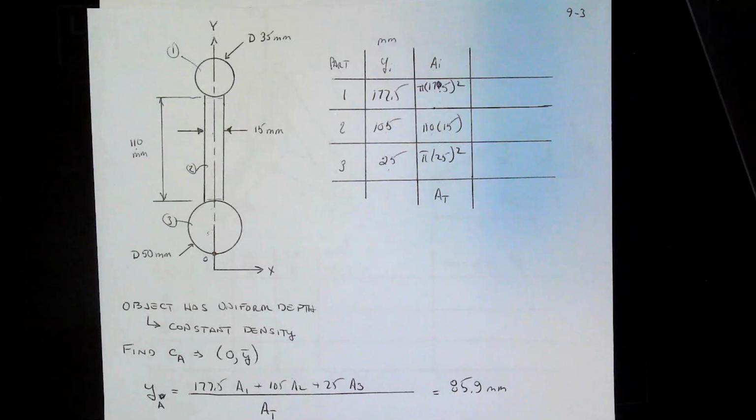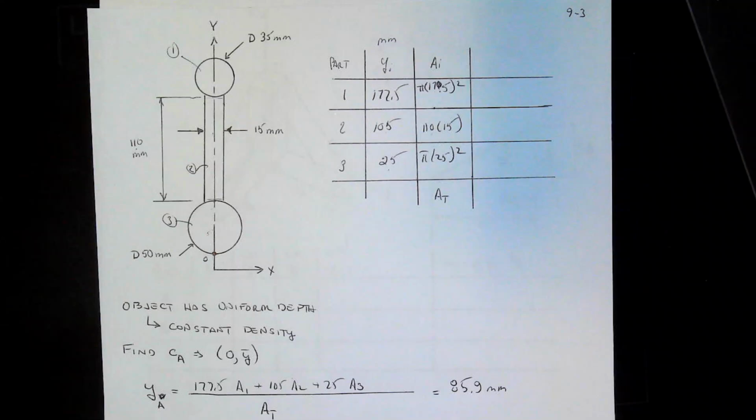Now in my notes, you could take this, add it up, and you would have a total. I'll leave this for you to do the math, but here's the basic equation. YA, not V. We need to average these three y centers, and this one would be A1, A2, A3.